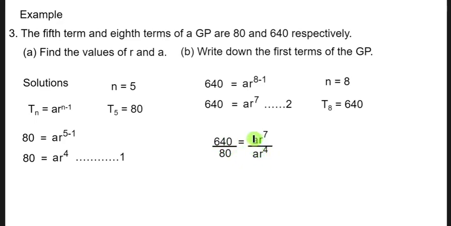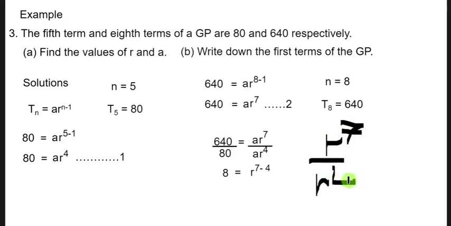So now A and A will cancel, and the 0 will cancel. 8 into 64 will be 8. So we will be left with R^7 divided by R^4, because this and this will cancel. According to the laws of indices, that is as good as getting R to the power 7 minus 4.